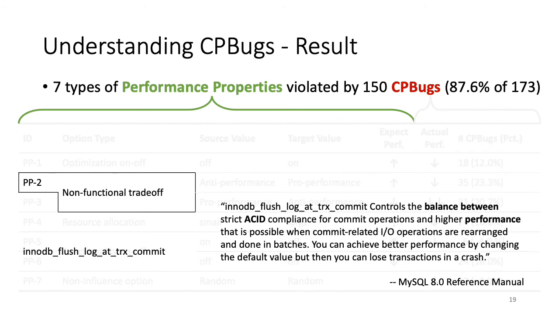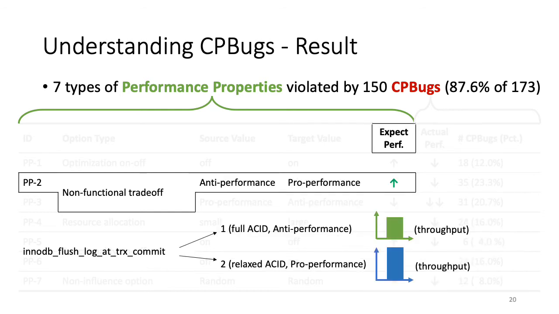Now let's take a look at this example. This configuration option controls the level of ASE that MySQL should follow, with which, at a lower level of ASE, the throughput is expected to be better. It has 2 values: 1, which implies higher level of ASE but bad performance, and 2, which implies lower level of ASE but good performance.